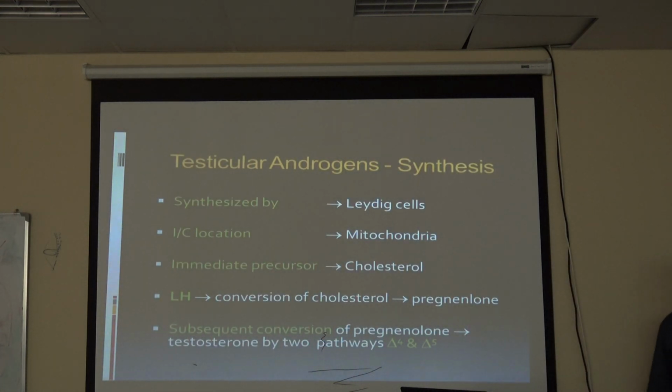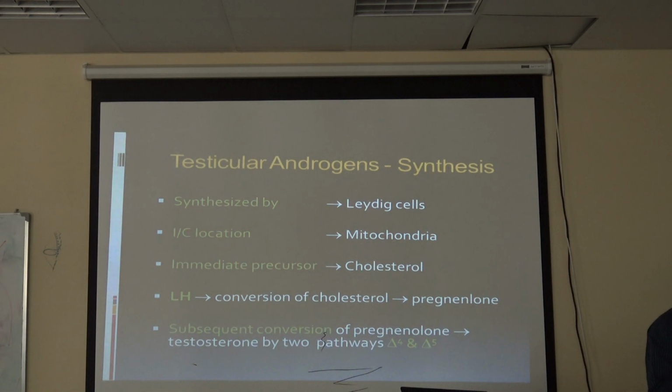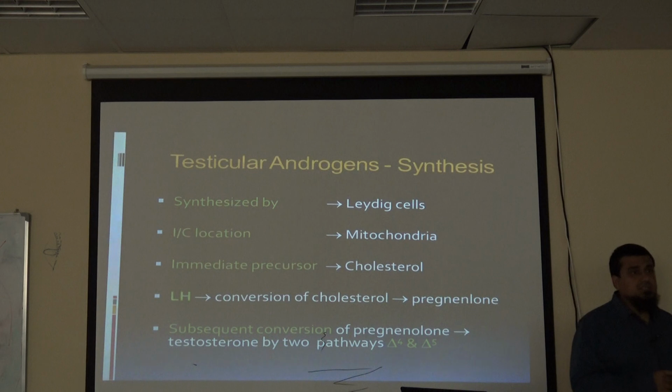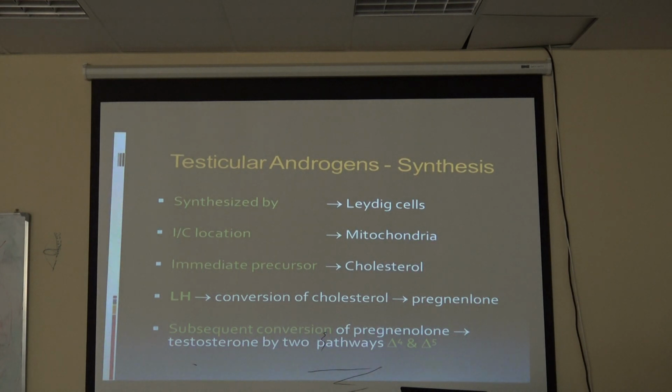Now come to the testicular androgens. The cells that synthesize these androgens include Leydig cells. Their synthesis starts at the level of mitochondria in the cytochromes. Clear? The immediate precursor of these hormones is cholesterol. They are steroid hormones, so being steroid hormones, they are all synthesized from cholesterol.